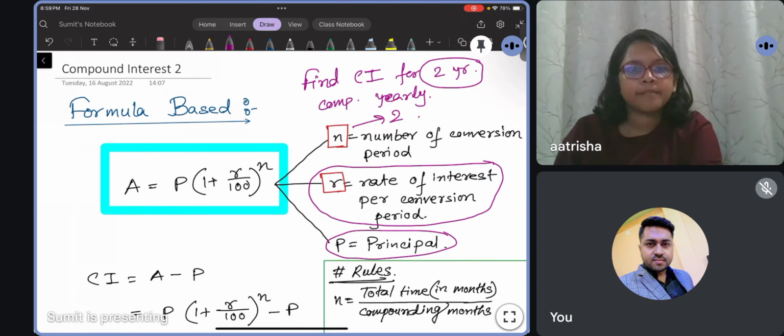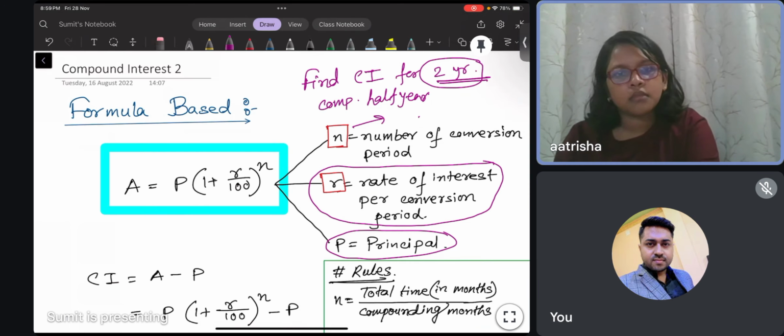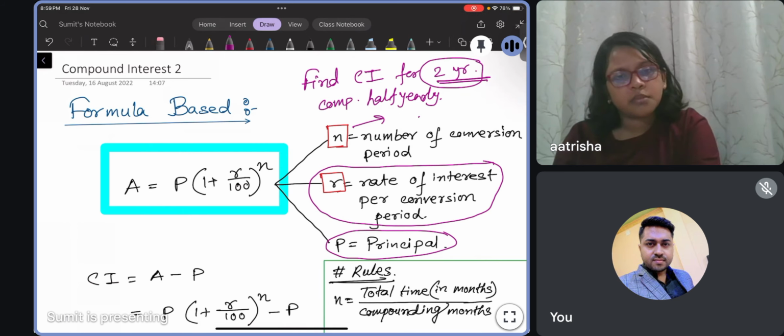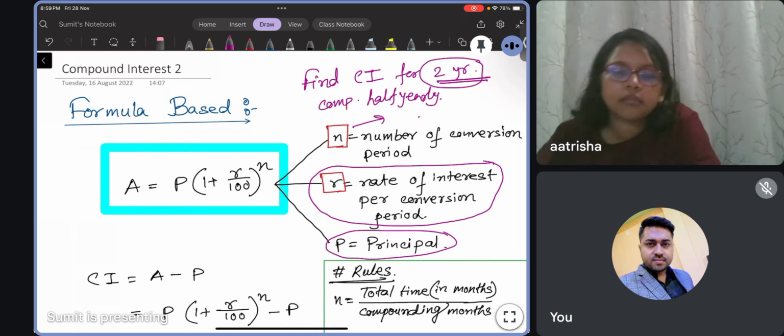Okay? So you will say, sir, here the time was 2 years, n is also 2, so n and time are the same, n equals time. But in the next example, if I say compounded half yearly, but you have to find the compound interest for 2 years, now the situation changed.